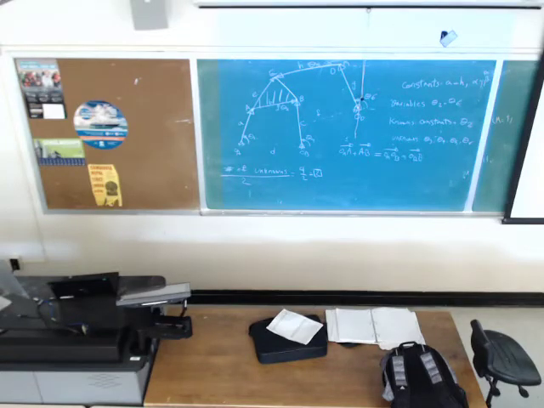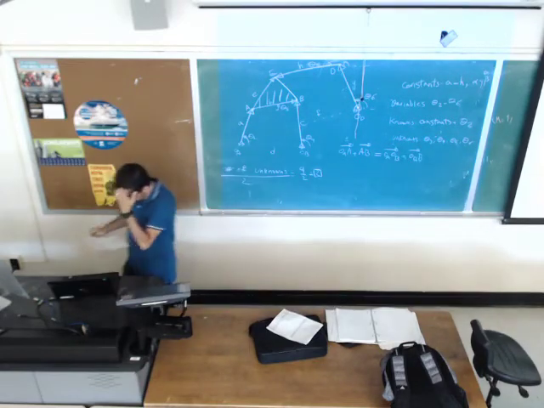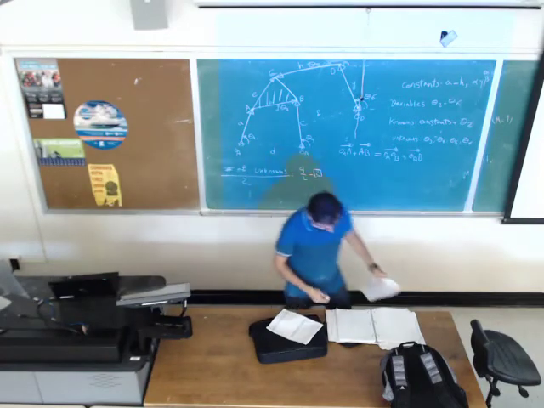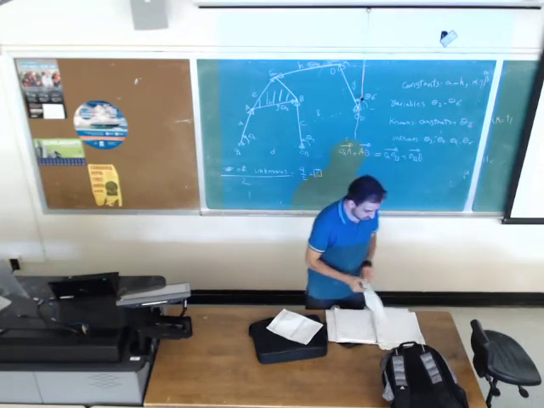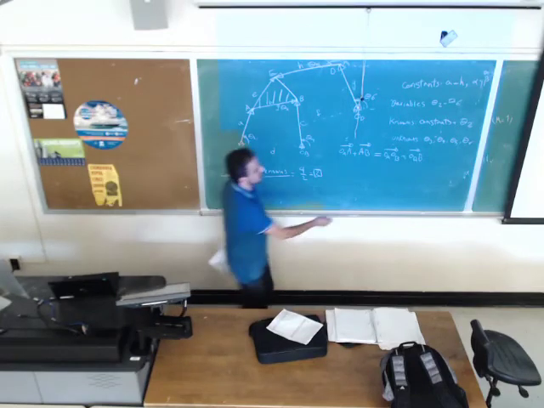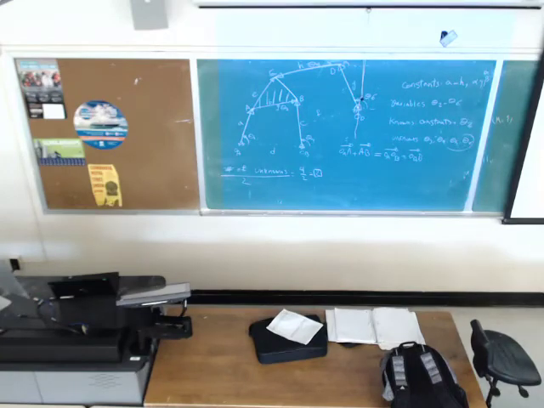So I have two equations. The unknowns are theta 5 and theta 6. Two equations, one for the x component, one for the y component. Theta 5 and theta 6 are the only unknowns there. I'm going to get rid of theta 5 first. We could get rid of theta 6 first, and for the other one, go back to these two equations and find that variable. If I want to eliminate theta 5, I should keep it on one side and move the other terms to the other side.